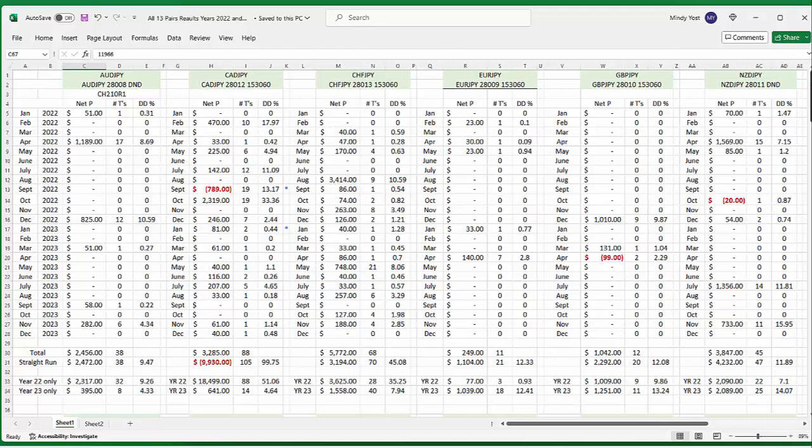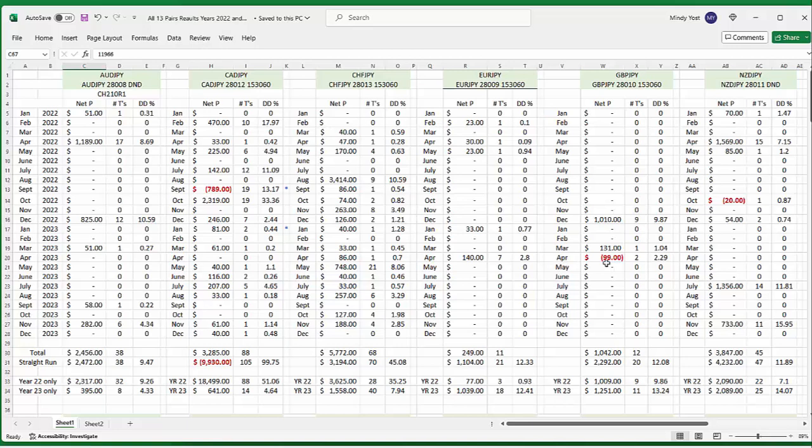Now, what you can see is that sometimes when we're doing just 1 month at a time, we have a situation where for that month, this pair actually had a loss, okay?